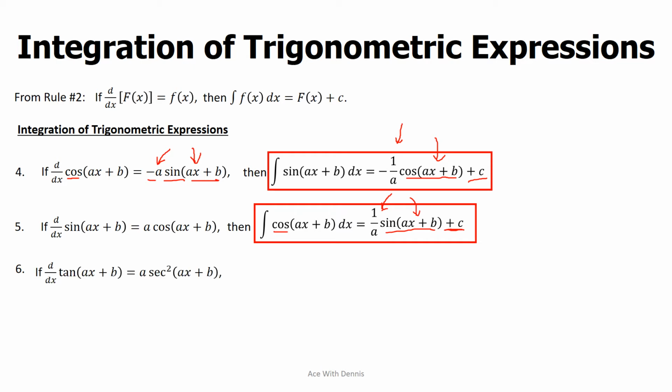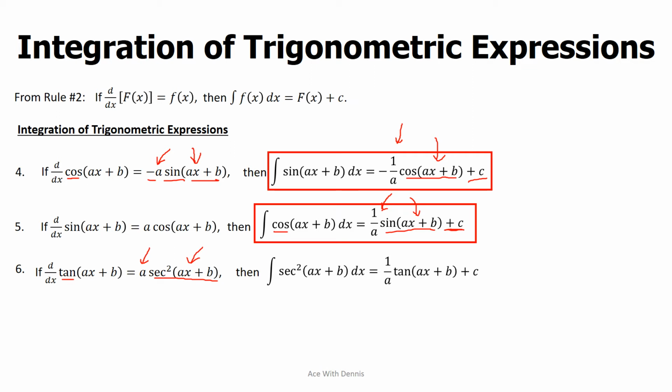Number 6, if differentiation d over dx tangent ax plus b is equal to a secant square ax plus b, right? So I differentiate tangent, I get secant square ax plus b, then differentiate ax plus b, I get an a. I put it here in front. So how about integration of secant square ax plus b? Can you tell me the answer?